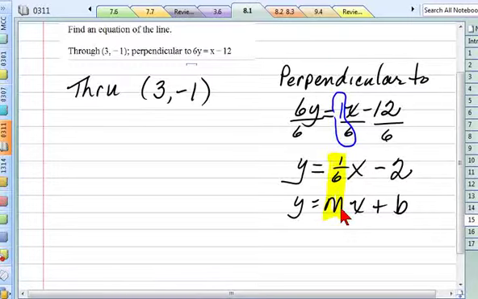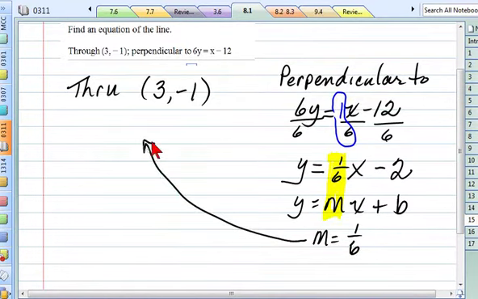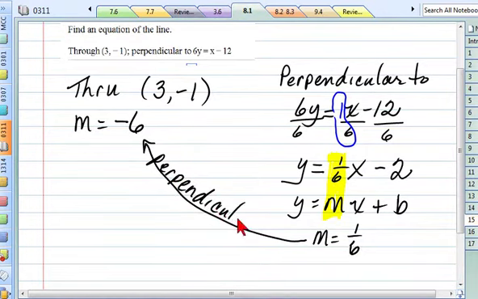What is the value of the slope of this line? All right, this given line, the slope is 1/6. What's going to be the slope of my line? Yes. Okay. m is -6. Now, how did we get that? We have perpendicular. And what does that mean?